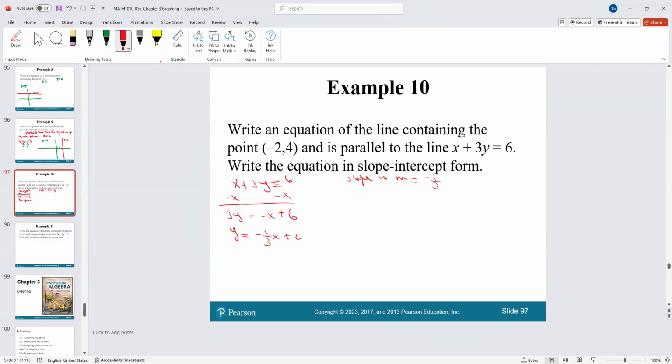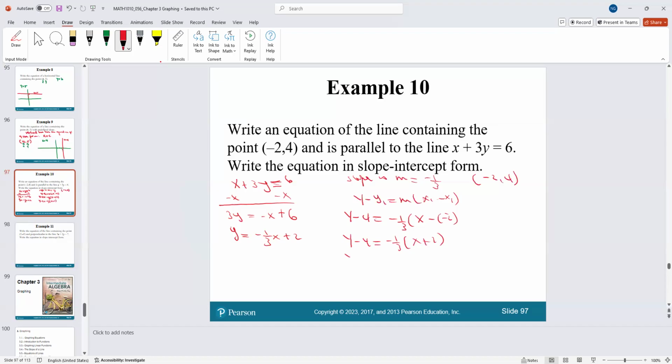We have one point, and if we use the point (-2, 4), then we know the equation of the line is y minus y1 equals m times x minus x1. Well, again, I apologize for the interference. I'm in an area where there are a lot of problems. So y minus 4 equals negative 1/3 of x minus negative 2. Okay, y minus 4 equals negative 1/3 of x plus 2.